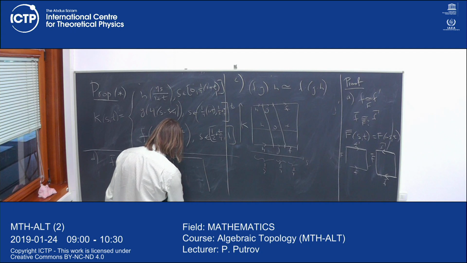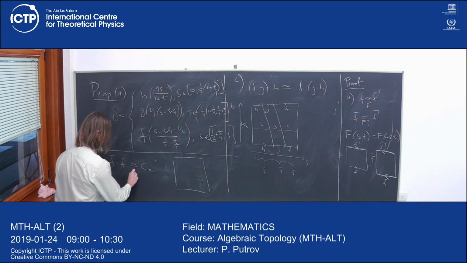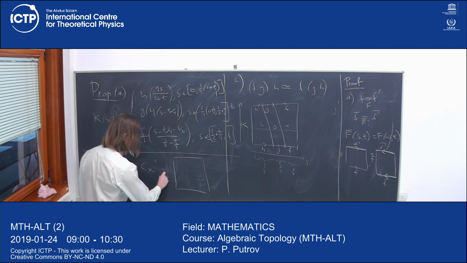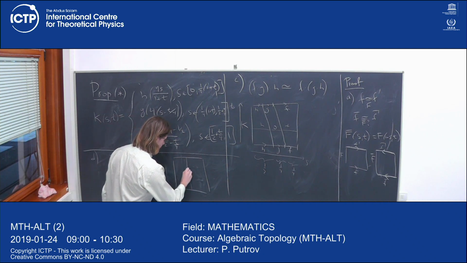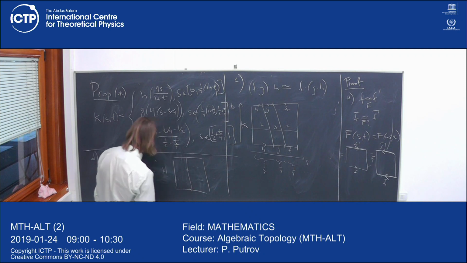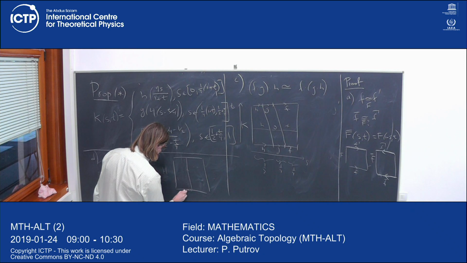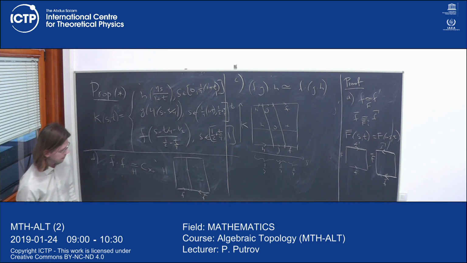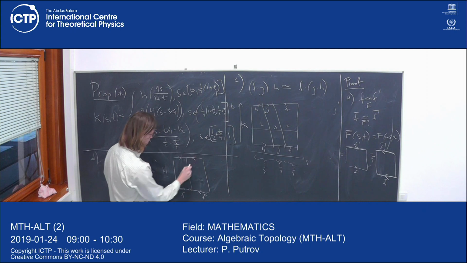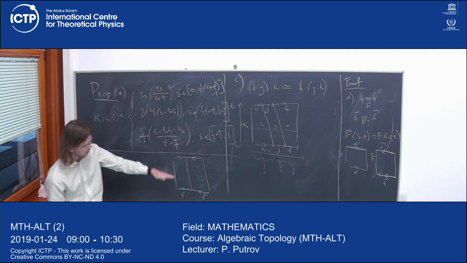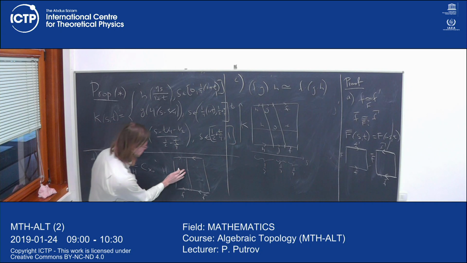To realize this homotopy, let's say again H. Let me start with a trivial homotopy, a homotopy from f composed with f inverse to the same thing. So it's just a function which is constant along the vertical direction.